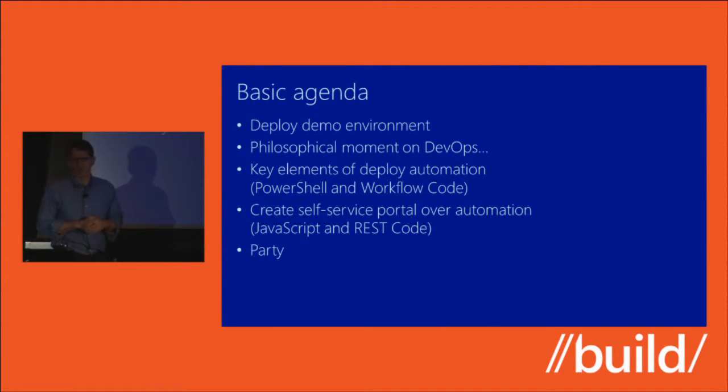And then we'll show how we created a self-service portal: a little piece of JavaScript, a very simple UI layered over a REST web service, which exposes the automation underneath, and we'll tell you why you want to do it that way. After that, you are free to leave, and it'll be a great hour. So that's where we'll start.